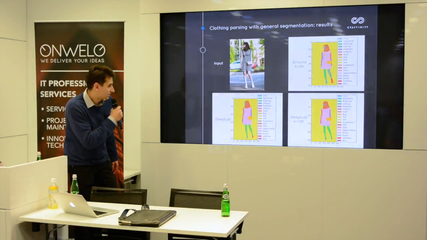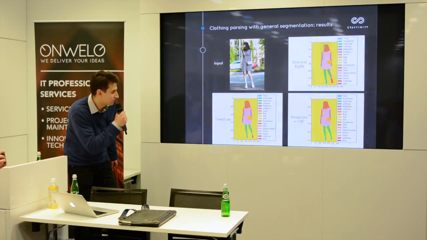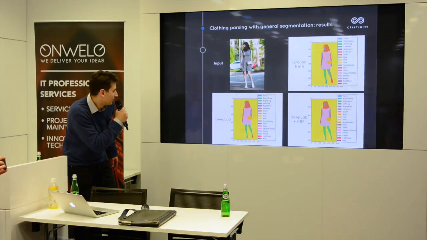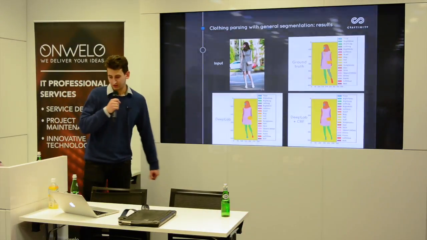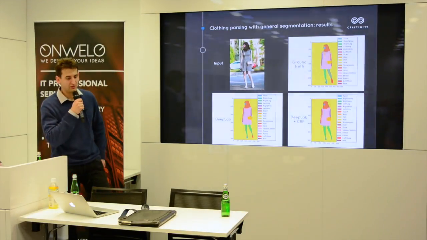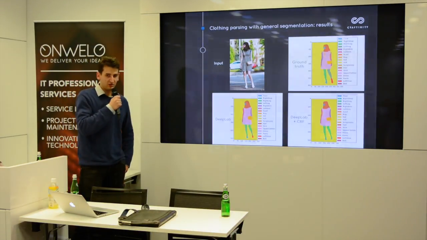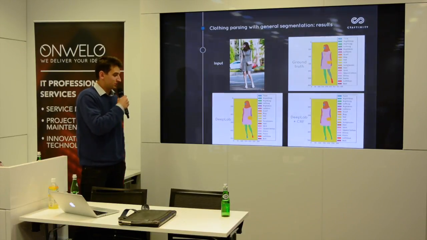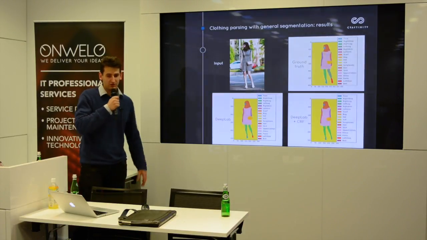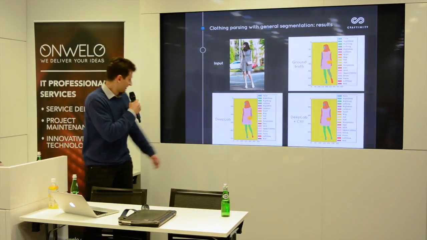We also see that we lost the differentiation between right and left shoe. But in general, that's a well-known effect of CRF post-processing, that these outputs tend to be more sharpened, while without it, these predictions are more blobby, so to speak.